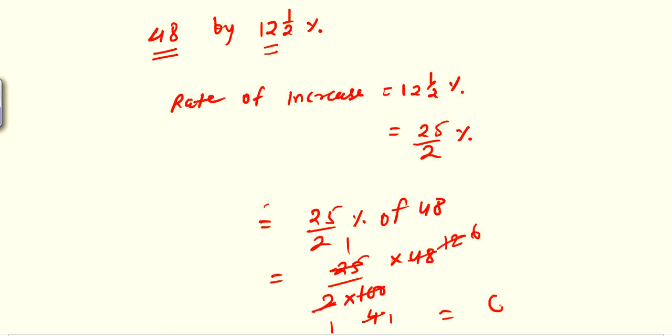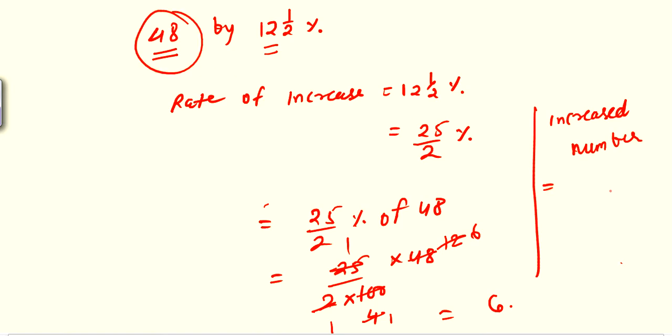So we got here 6. Now we will find the increased number, which equals the original number 48 plus the increased amount 6, so 54. 54 is the required answer for this question.